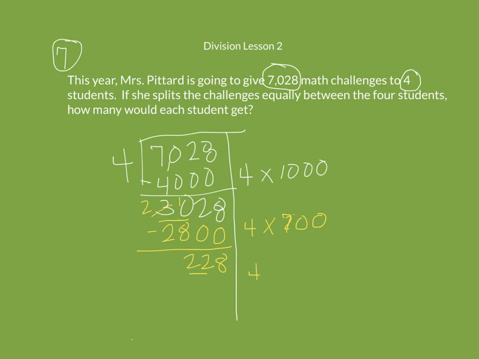But it's 22 tens. So I need to do 4 groups of 5 tens, or 50. 4 times 0 ones is 0. 4 times 5 is 20 tens. So I have 28 questions to still give out, and I already did that fact. 4 times 7 is 28.